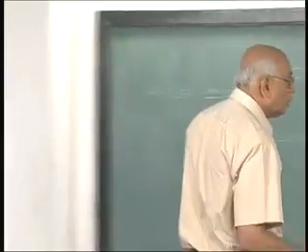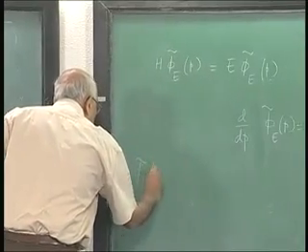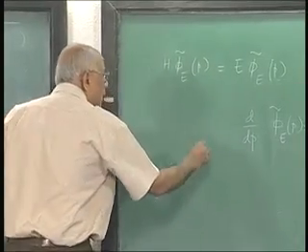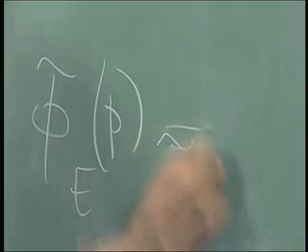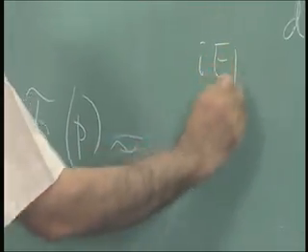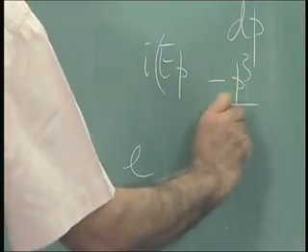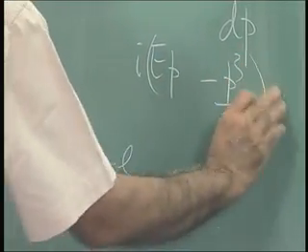and therefore you are going to get a solution which is going to look like phi e. I will ignore the signs and so on. This is of the form some constant times the exponential of iEp minus p cubed over 3 or whatever it is.